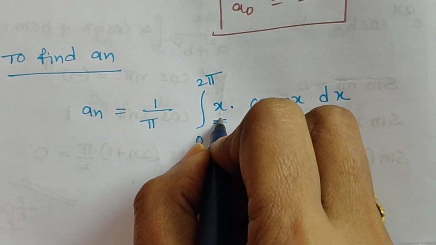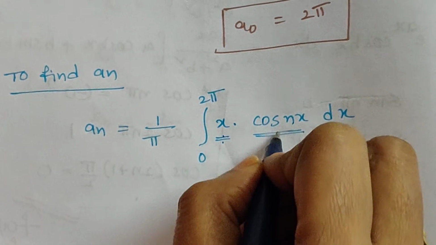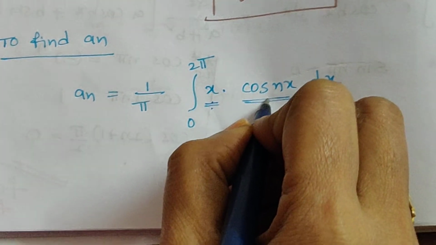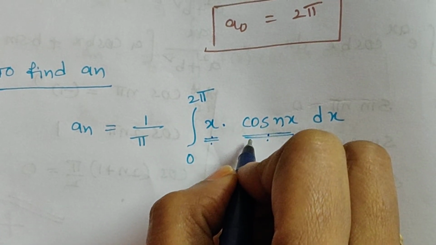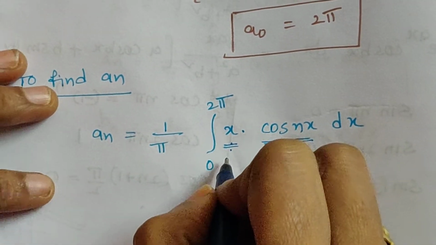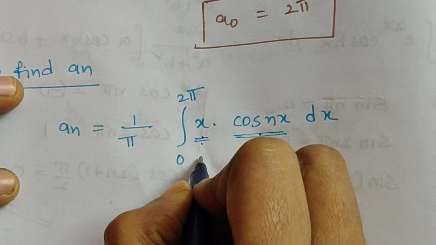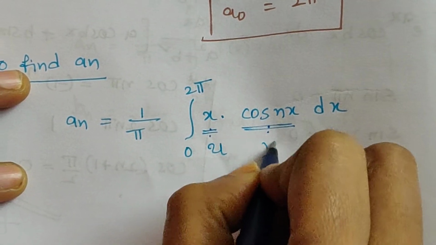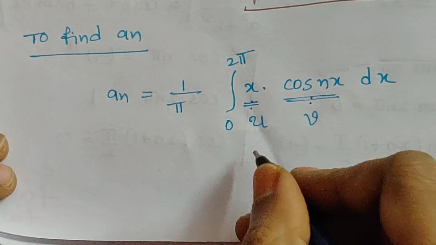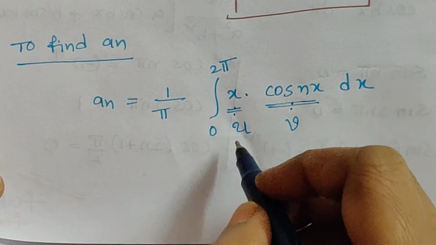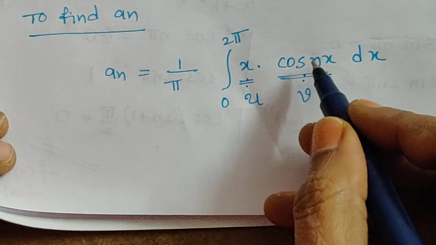If one is algebraic and another is trigonometric or exponential, we go for the generalized rule of integration by parts. Always take the algebraic function as u and the other as v. So take u as x and v as cos nx.